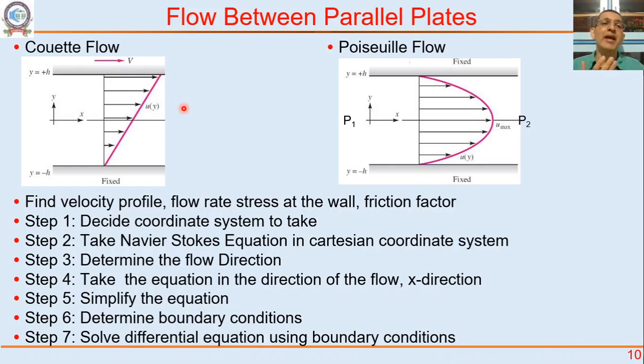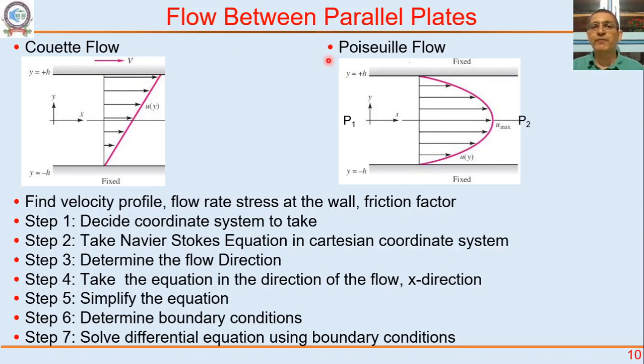Another example is bearings. In a bearing you have a fixed part and a rotating part. In between you have a fluid, and that fluid is supporting the rotation of that bearing. It's a very small gap between the two surfaces. One is rotating, but if you are looking at a narrow view, curvature is neglected. It's like flow between two parallel plates.